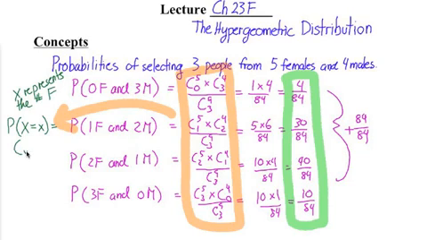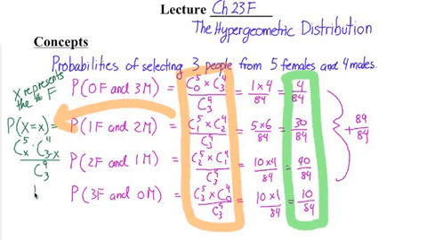The combination of selecting X females out of 5 times the combination of selecting 3 minus X males out of 4, all over the total number of possible combinations, which again is 3 members out of 9.